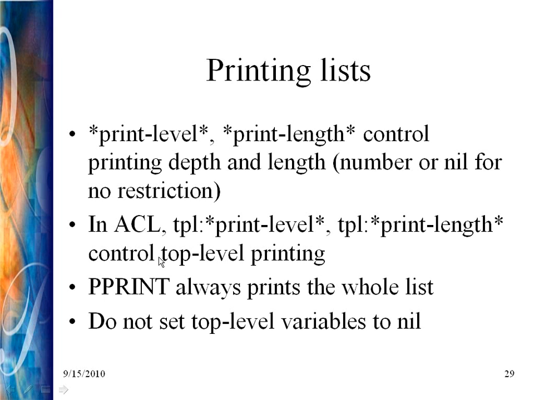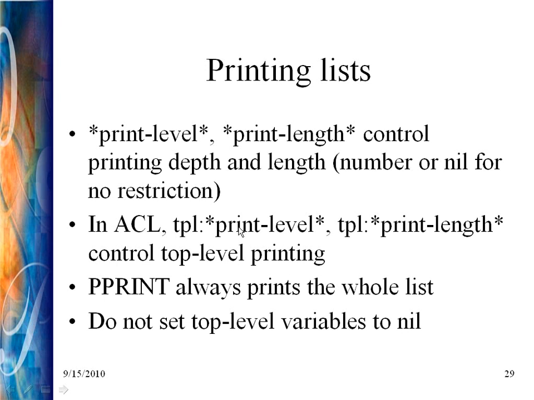Top-level printing is what happens when you are evaluating something in the listener and it prints a return value. The function pprint, standing for pretty print, always prints a whole list, and it is recommended that you not set the top-level variables, that is TPL print level and TPL print length, to nil.